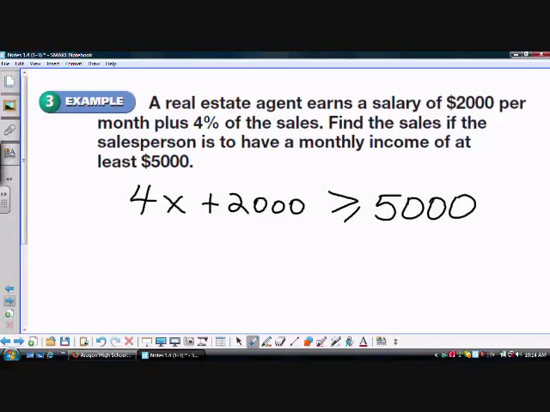How do you write 4%? 0.04 or 4/100. So let's make that really 4%. And if I want these sales to be at least 5,000, greater than or equal to is the right choice.